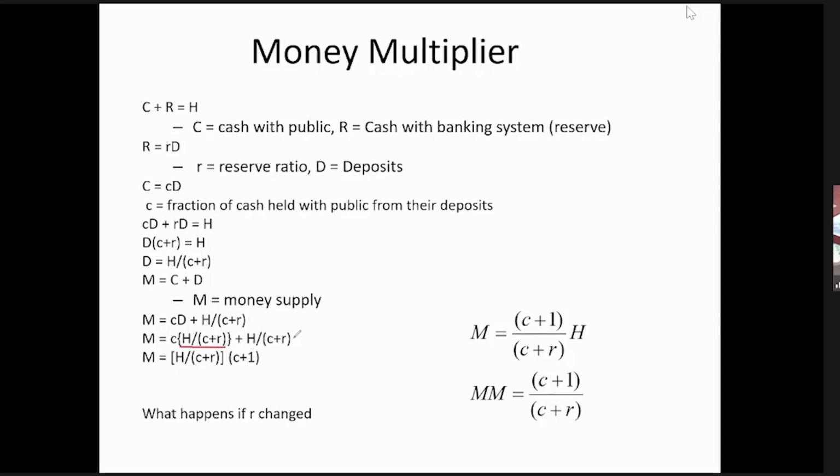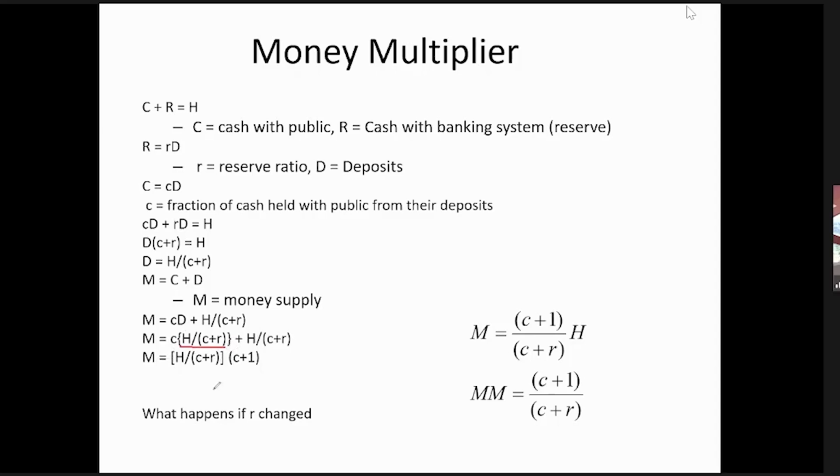Then we can take this H divided by C plus R out. The remaining will be C plus 1. So we can write M equal to H divided by C plus R times C plus 1.